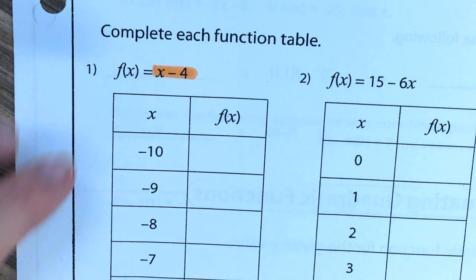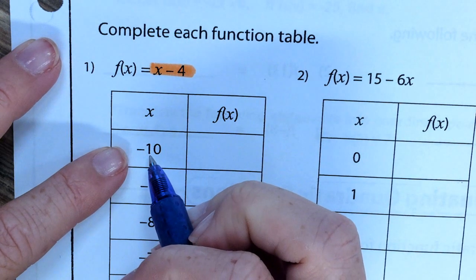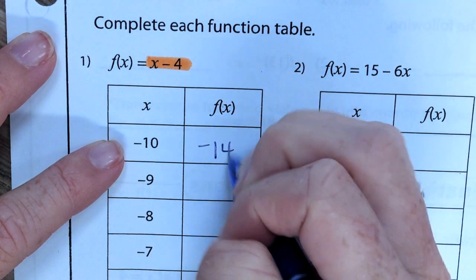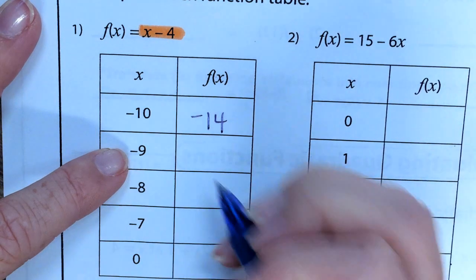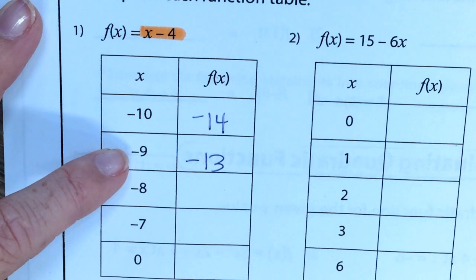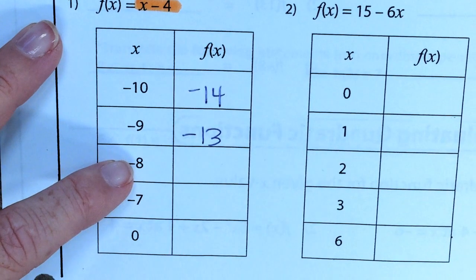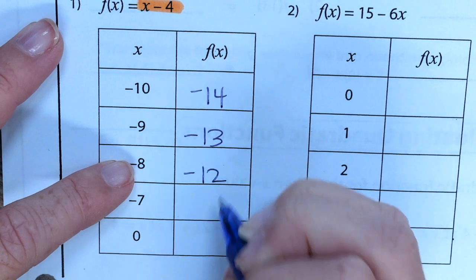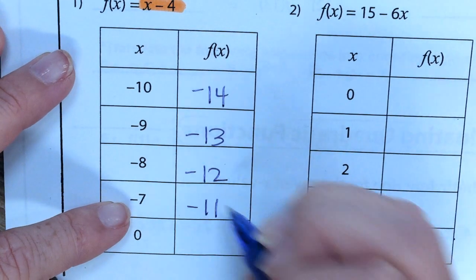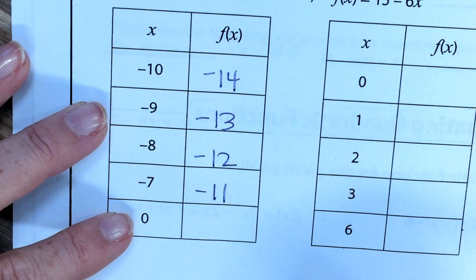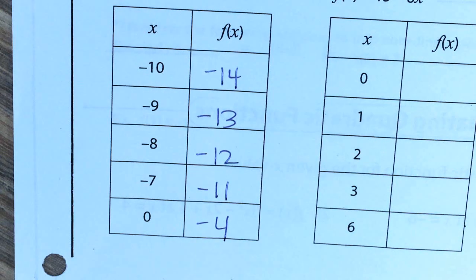So I would do negative 10 minus 4, which is negative 14. Negative 9 minus 4 is negative 13. Negative 8 minus 4 is negative 12. Negative 7 minus 4 is negative 11. And 0 minus 4 is negative 4.